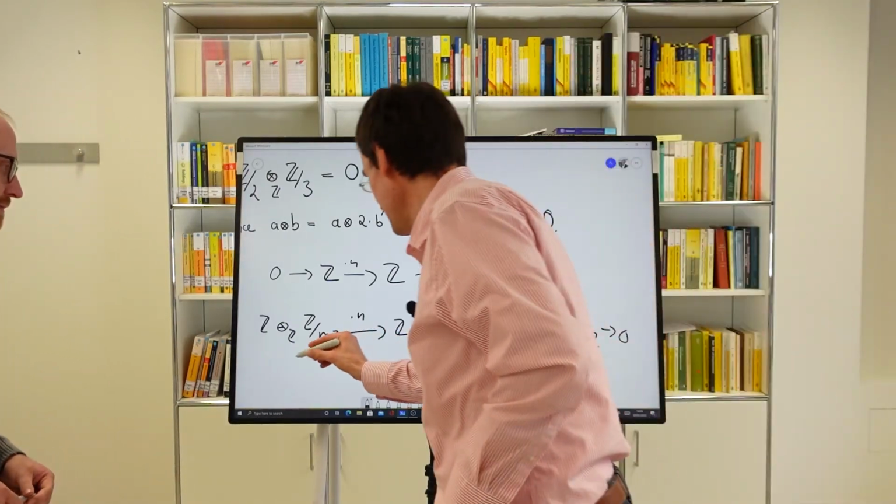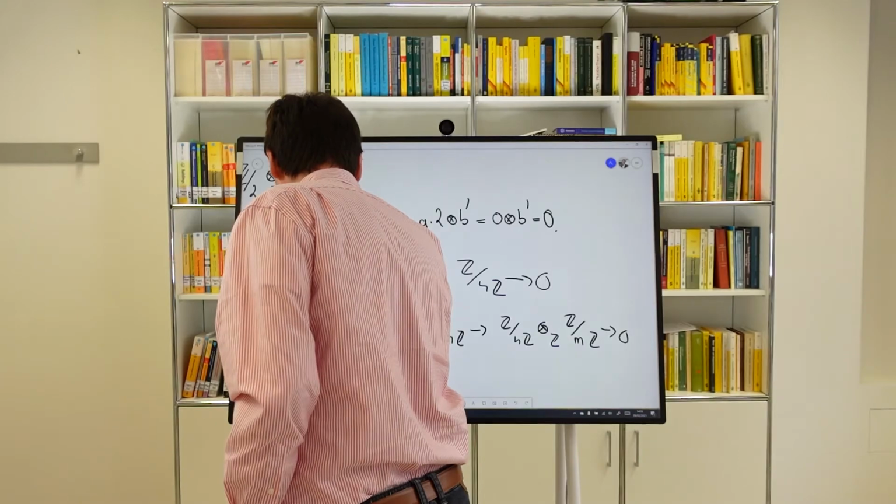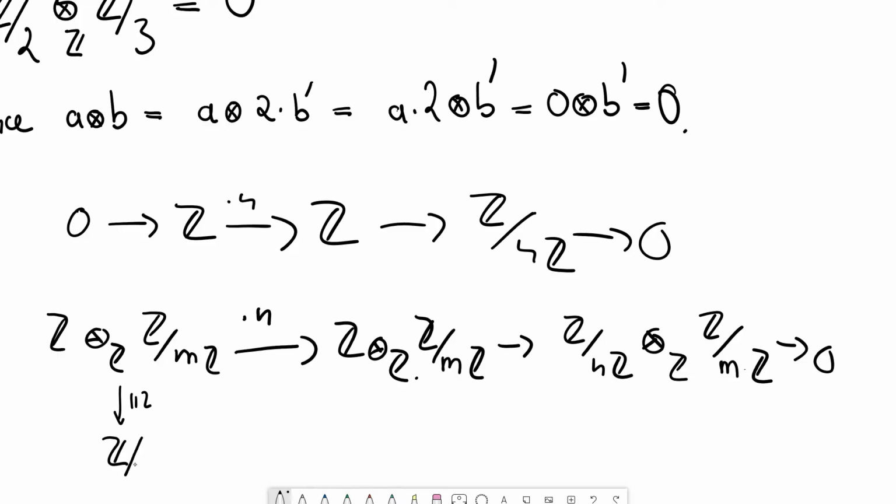Yeah, we can simplify this cokernel because this was isomorphic to, so if we have R tensor over R, we can somehow skip the R in the isomorphism here. Property 3 or 4. Yeah, the same here.